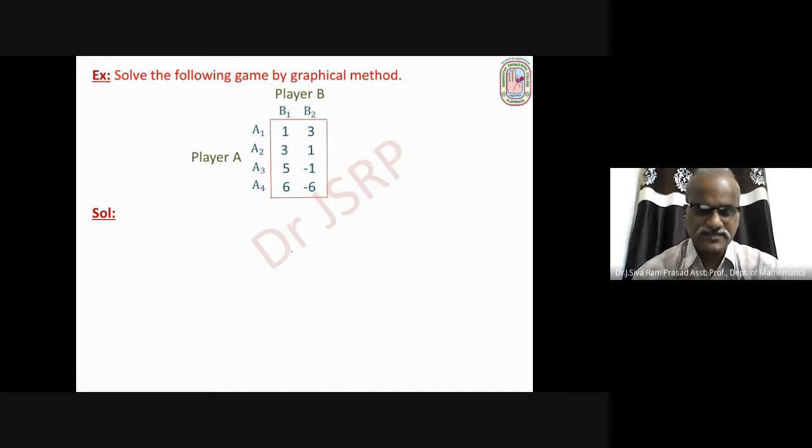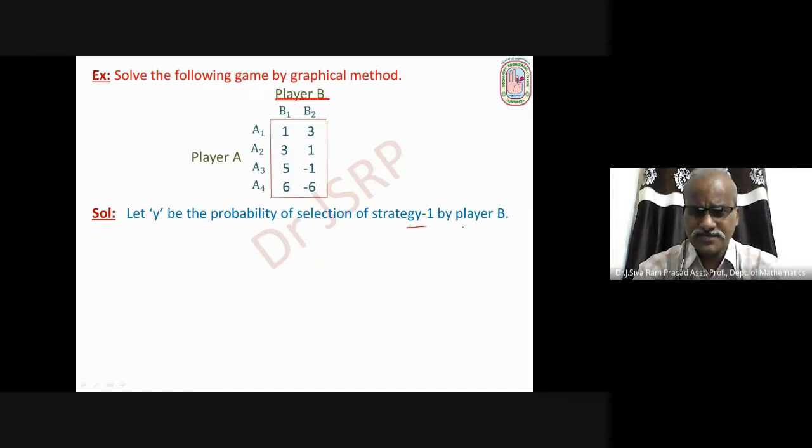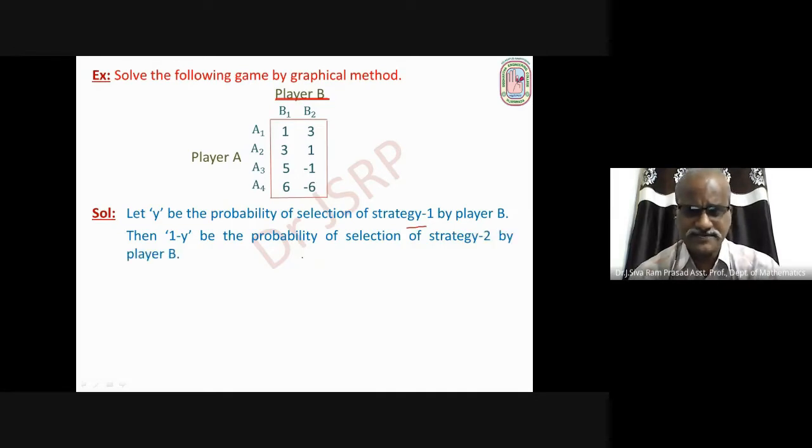Then we take the probabilities of selection of strategies for player B. Since player B has only 2 strategies, let y be the probability of selection of strategy 1 by player B. Then 1 minus y is the probability of selection of strategy 2 by player B, by the probability property.